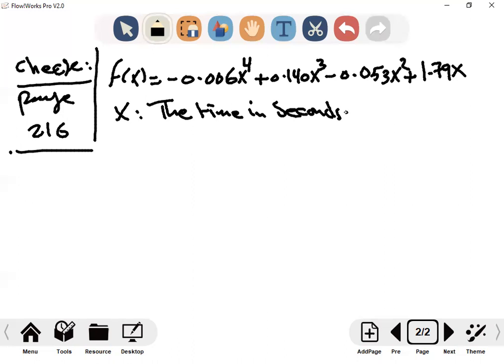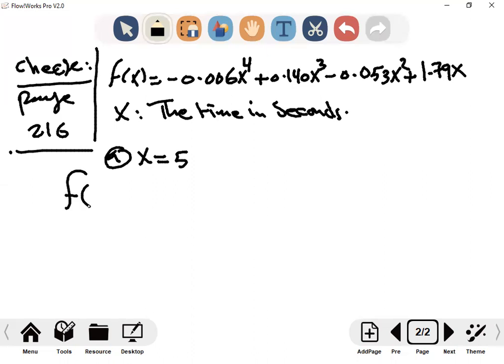After 5 seconds. So x is given as 5. So here in part A, x is 5. They want us to find this function at x equals 5. So replace x by 5.